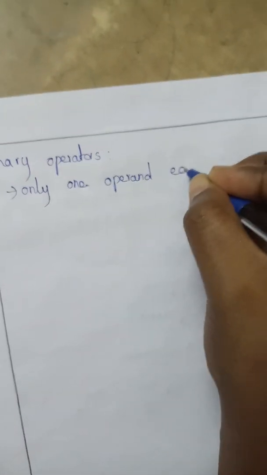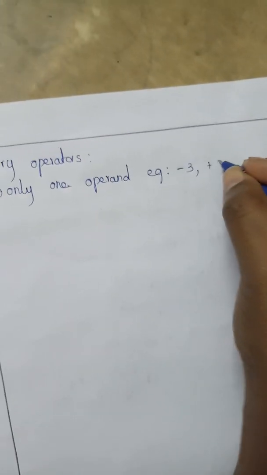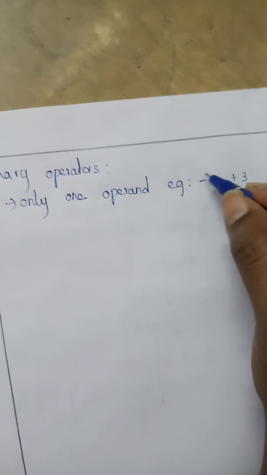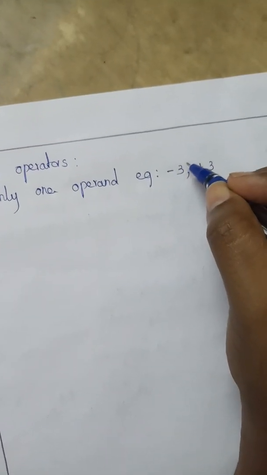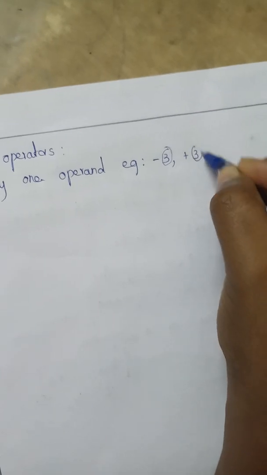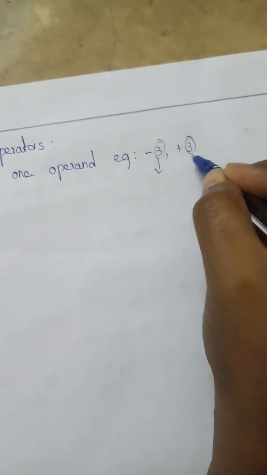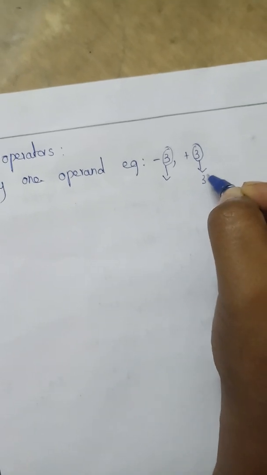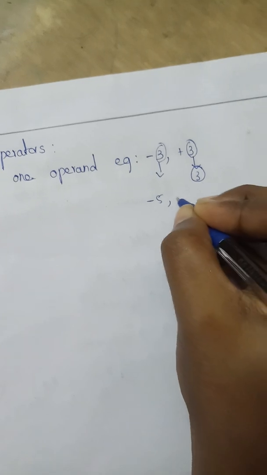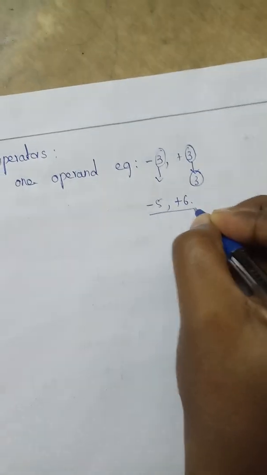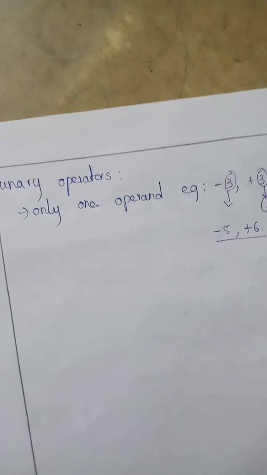For example, -3 or +3 is unary. Only one operand is used. Here the operand is 3. Here also the operand is 3. Or -5, -6 or +6. These are examples of unary operators. It operates on only one operand.